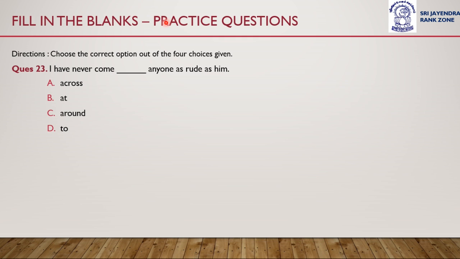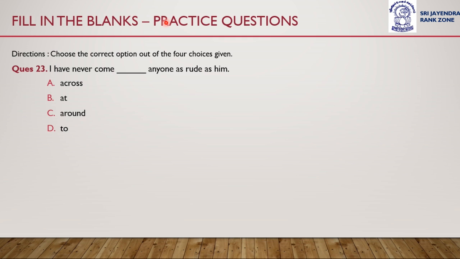Option A is across, option B is at, option C is around, and option D is to. Across, at, around, to. Which option do you think will fill in the blank?